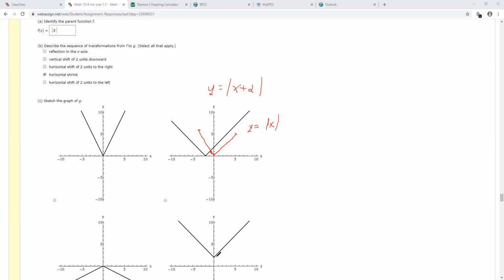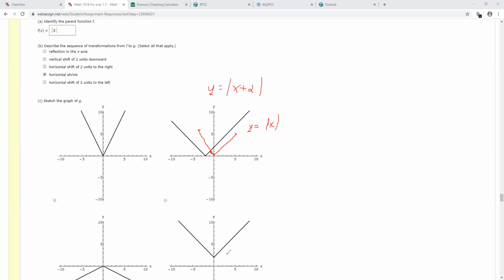The key is if you look 1 unit over and 1 unit up, you're right back on the graph. So this cannot be any kind of dilation, closer to or further from the y-axis or the x-axis, because then it would not land right back on the graph. So what is this one?